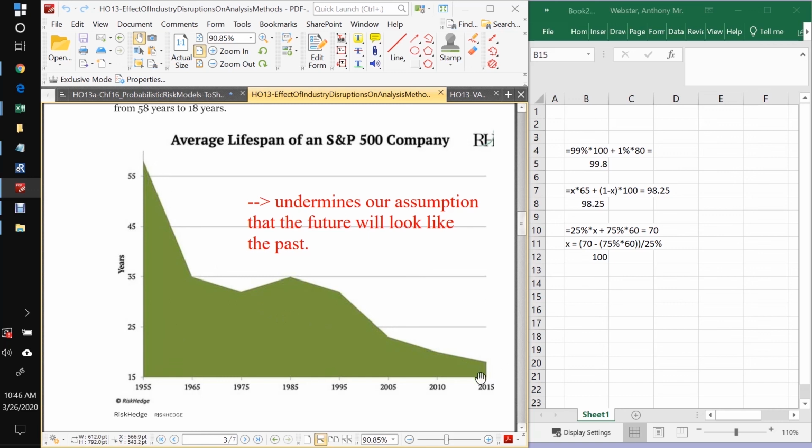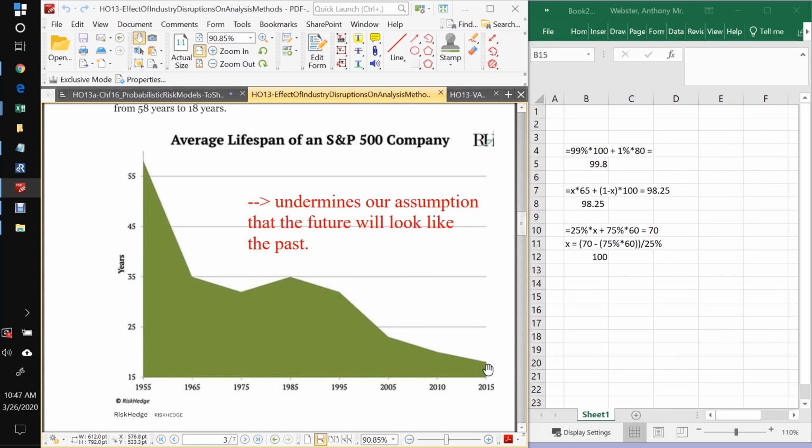So what that means may still not mean too much for the S&P 500, because the 500 companies rolling in and out don't affect the index too much overall. But if we're looking at one company, the fact that its lifespan now is less than 20 years means that using a historical future-looks-like-the-past model is clearly not going to work, because, as we know from basic statistics, we want to have a data set of returns of at least about 30 years, right?